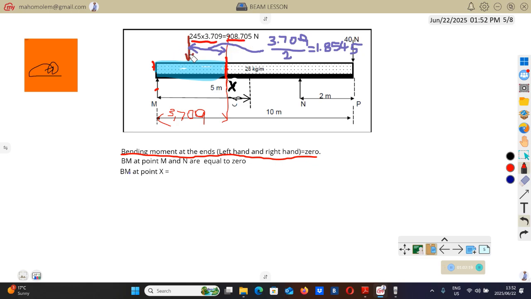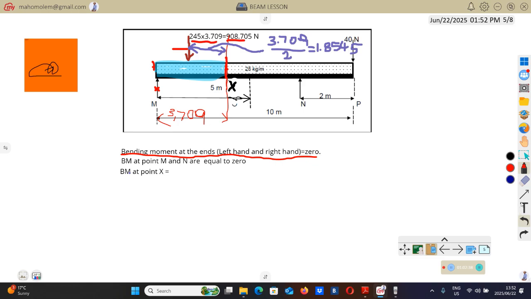This brown arrow represents the weight of this blue thing there. So we will consider this black force here and then that brown force.